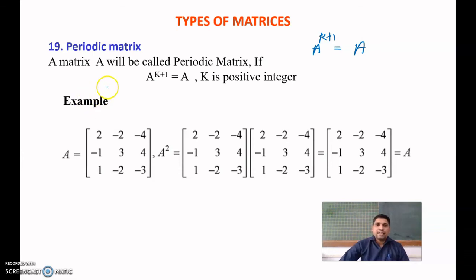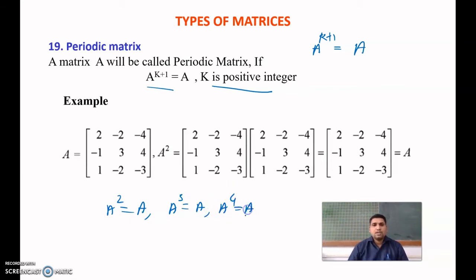So this is the condition: A raised to k plus 1 equals A, where k is a positive integer, meaning it has only positive values. So this is another example: A square is equal to A, or A cube is equal to A raised to 4 is equal to A. If that is satisfied, then your matrix is a periodic matrix.